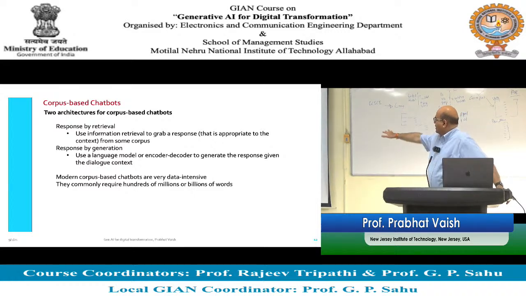You have a lot of information available to you, millions or billions of words, which is the data that you can rely on. But rather than doing response by retrieval, you want to do response by generation, meaning use, let's say, a neural network or generative AI to help you here. Come on, any idea?